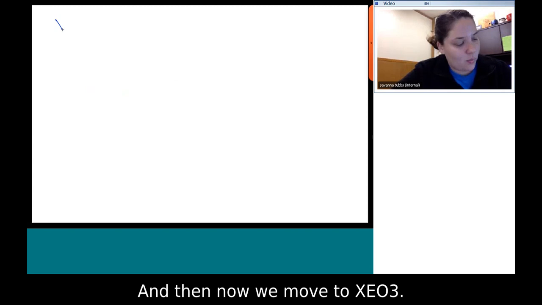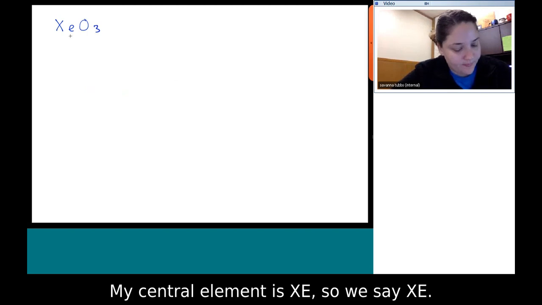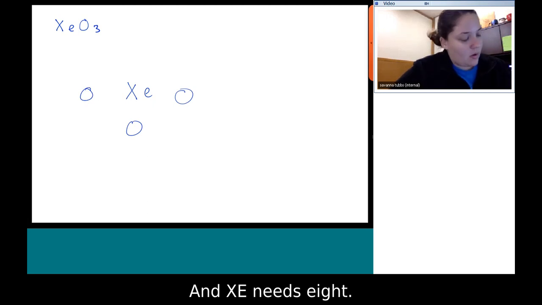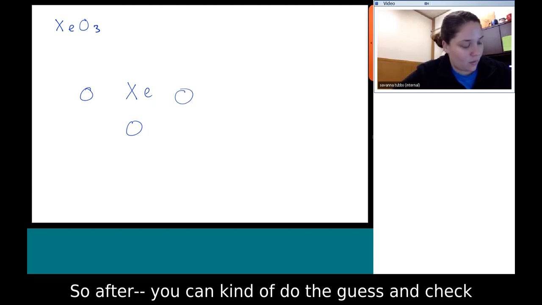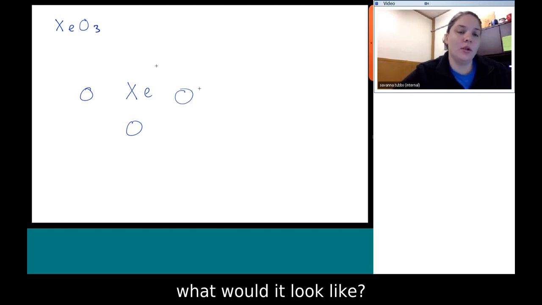And then now we move to XeO3. Our central element is Xe. We know we're going to have 3 oxygen. Xe needs 8. You can do the guess and check game if you want, like, okay, if I had 1 bond each, what would it look like?